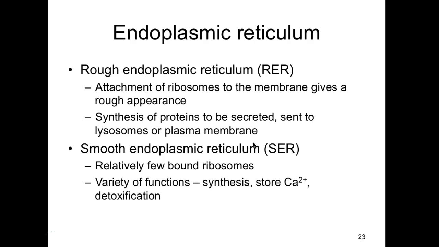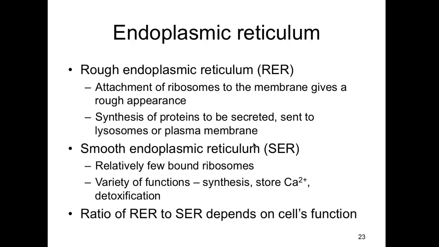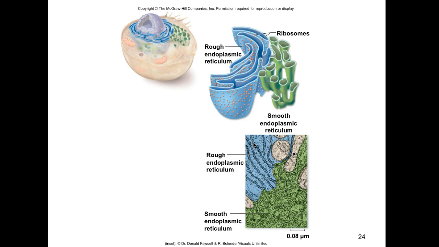It also stores a lot of calcium 2+, and we know that the storage of calcium 2+ is important for bone. It's also important for muscle. We'll look at a little bit of that with the muscular system and contraction. So the ratio of rough ER to smooth ER is going to depend on the cell's function.